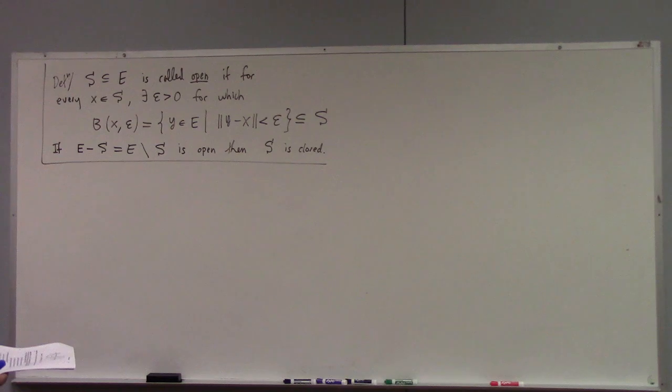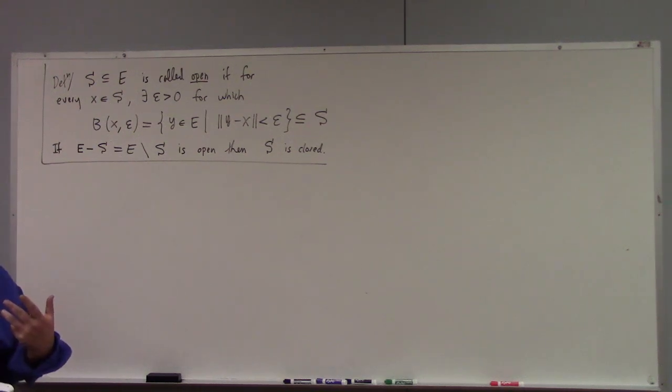There are some metrics which can be realized as the difference of a norm, but not all. For example, you can take an arbitrary space and define the distance between two points to be 1 if they're not the same point, and 0 if they're the same point. That defines a metric on an arbitrary set, the discrete metric. The topology which that induces is in fact the discrete topology.